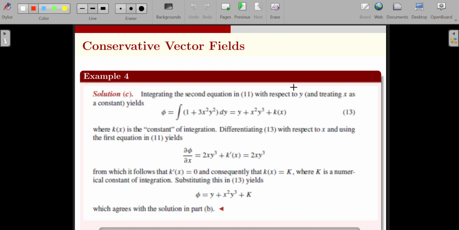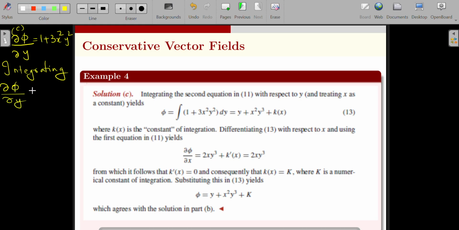Now let us calculate phi of xy by integrating dou phi by dou y with respect to y. We know that dou phi by dou y is equal to 1 plus 3x square y square. This is going to be the answer to the C part. So what you are going to do is integrate dou phi by dou y with respect to y.